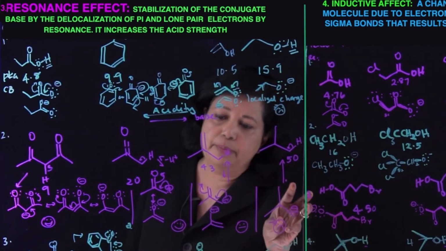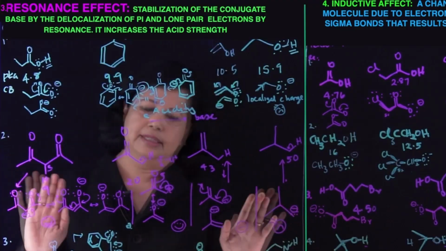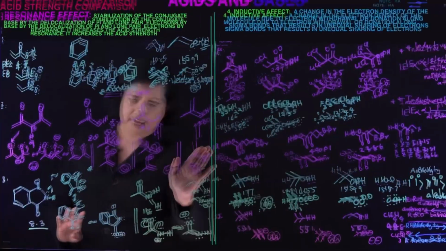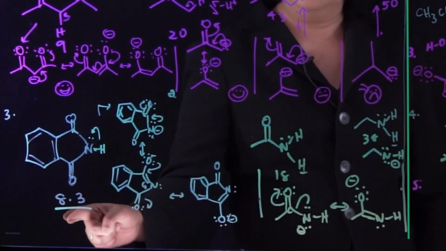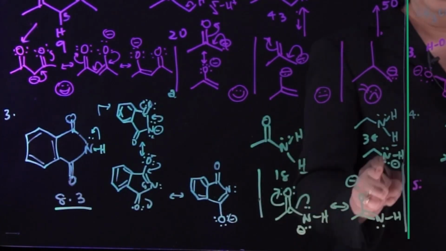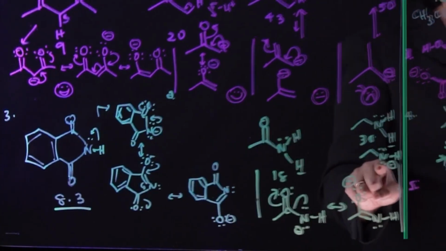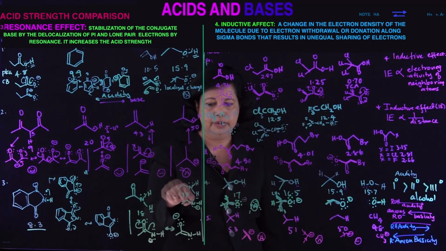So this is very basic, and this is not basic compared to this. This is very low basicity. This is high basicity. Same here. More resonance on oxygen, more acidic. Here there's only one oxygen to share the anion, and here there's none. So it's very, very basic. This is one of the strongest bases out there.